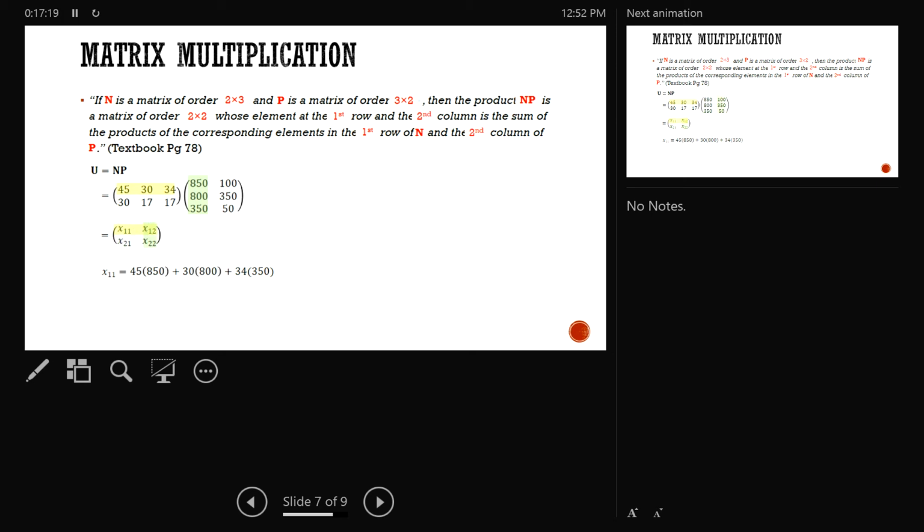And for the second element over here, the first row, second column, we call it x12. It's just a name, okay? You don't need to know the names, you just need to know what multiplied by what goes where. So the next element, which I want, x21, is found by second row, first column.